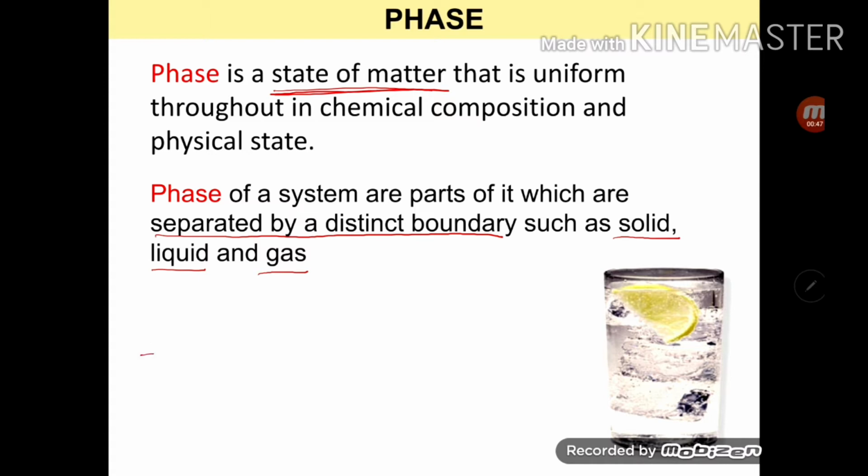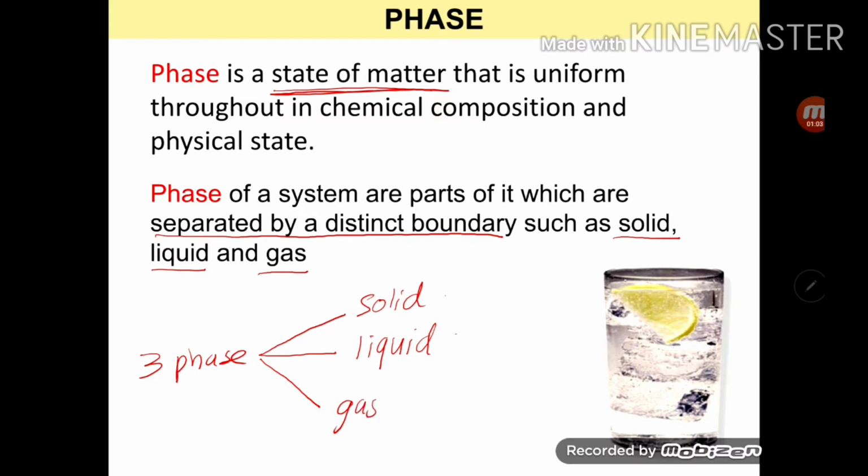So remember that three phases exist in the system: number one is solid phase, number two is liquid phase, and number three is gas phase. Gas is also known as vapor.